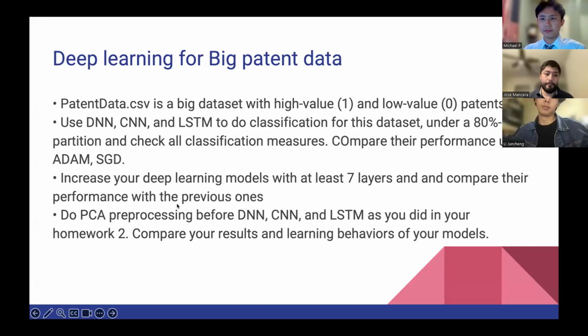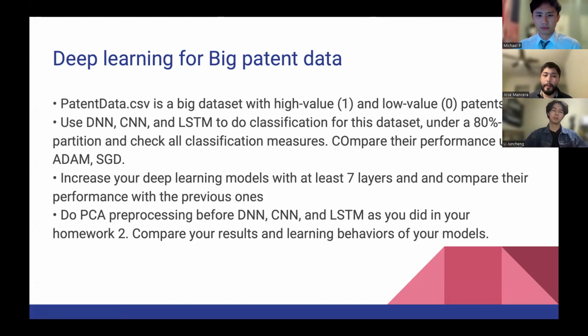Okay, so essentially the second part was over the big patent data, and the biggest thing we were trying to predict with that was whether a patent was considered high value or low value. We did the traditional 80-20 split from the training to the test data.